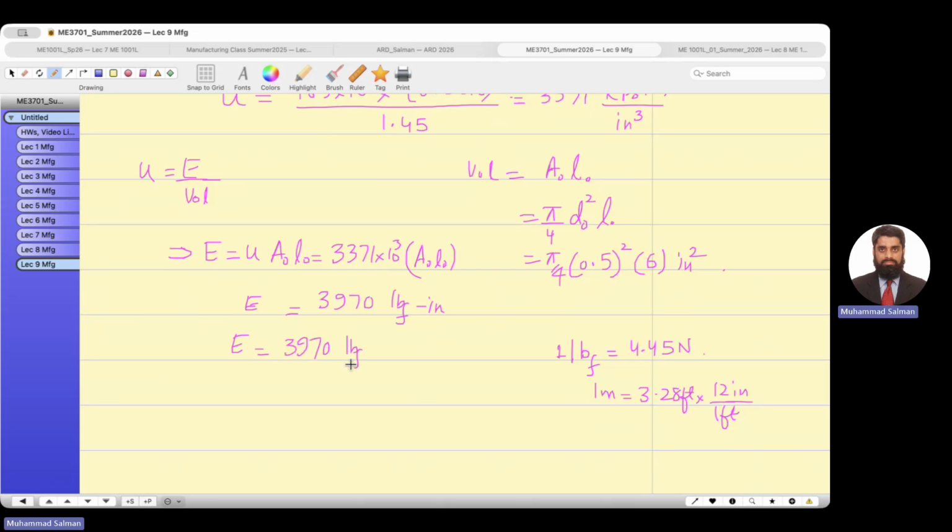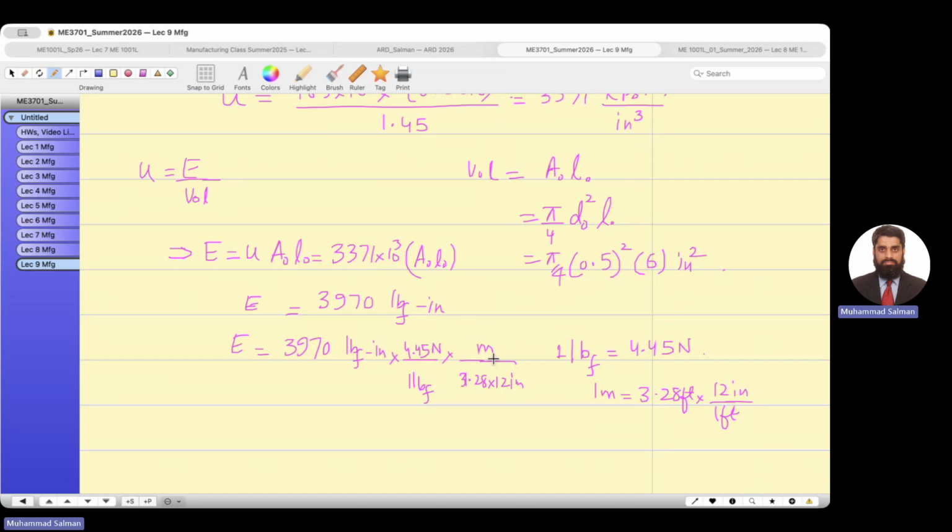So let me write down here 3970 pound force inch, and let's convert it into Newton meter. So 1 pound force equals 4.45 newtons, and 3.28 times 12 inch equals 1 meter.